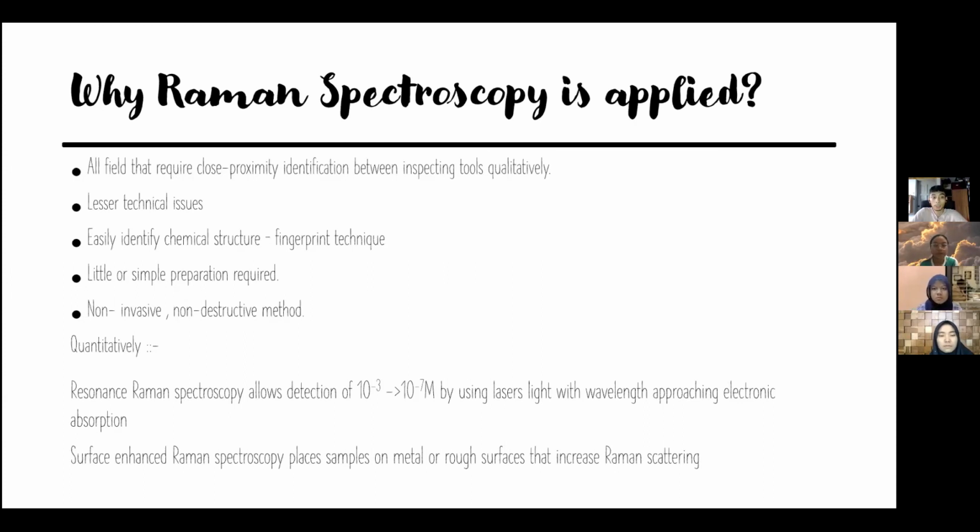Quantitatively, resonance Raman spectroscopy allows detection of 10 negative 3 to 10 negative 7 by using laser light with wavelength approaching electronic absorption. Then surface enhanced Raman spectroscopy places samples on metal or rough surfaces that increase Raman scattering.